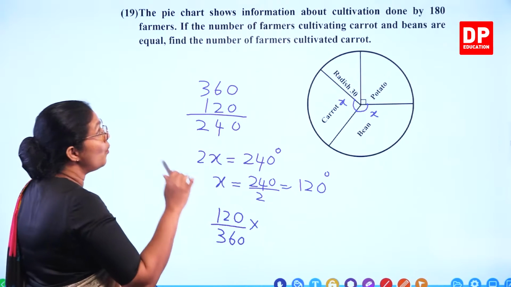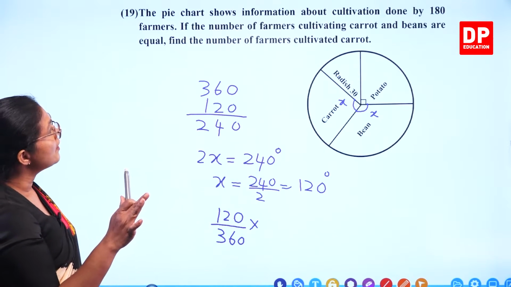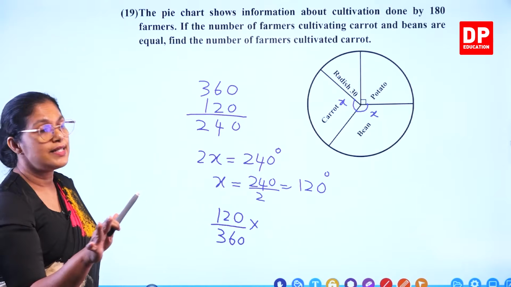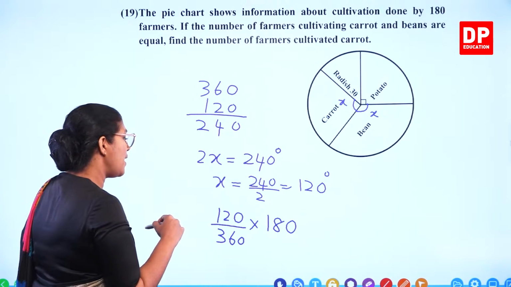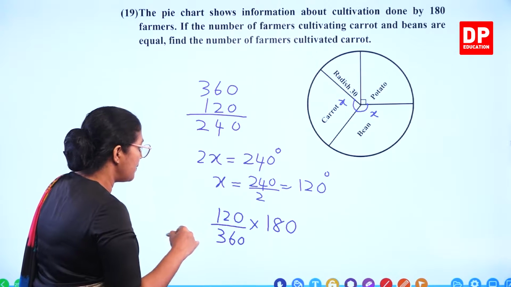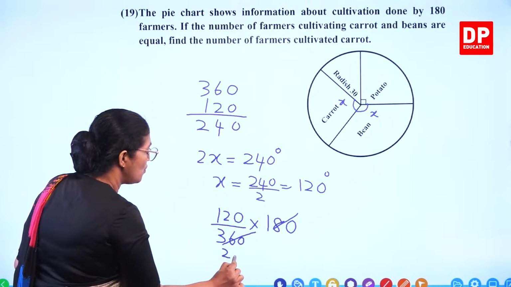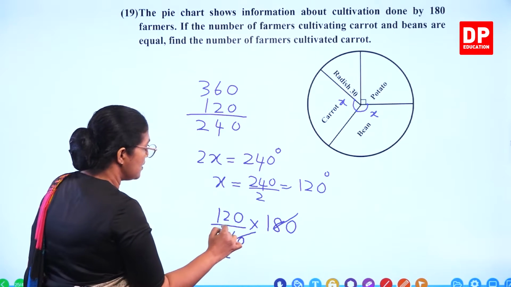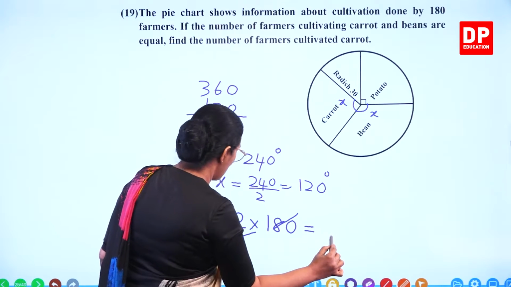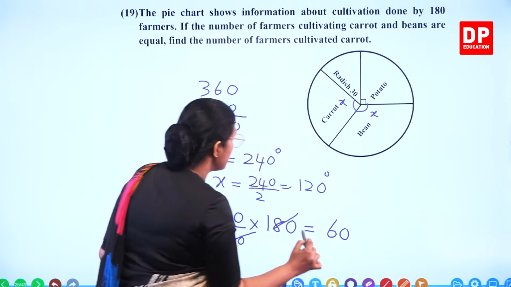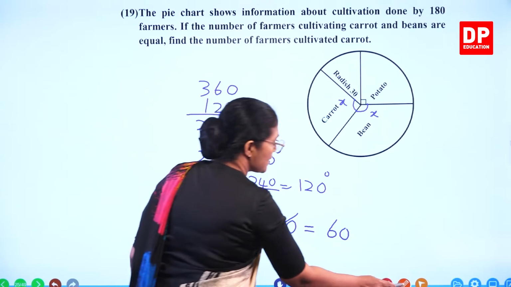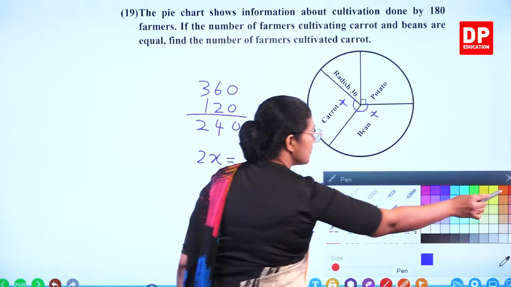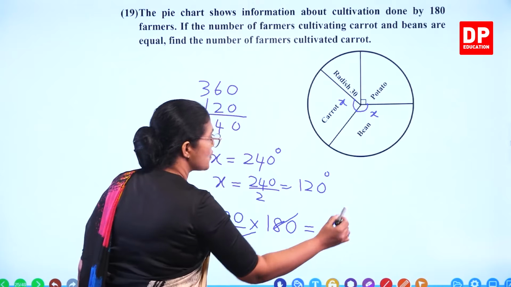But we know the whole thing is with how many farmers? 180. So the whole circle is 180 farmers. So you can multiply by 180. You get 2 in the denominator. 120 divided by 2, you get 60. 60 farmers cultivate carrots. So you get 2 marks for that.